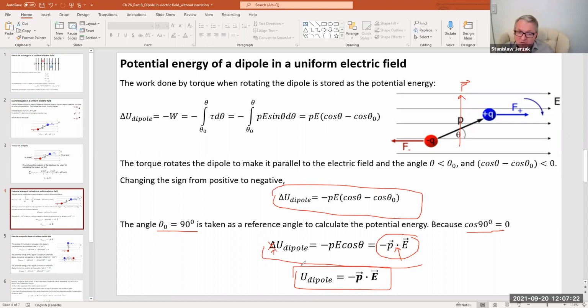So that's why in all books the potential energy of the dipole in an electric field is written as negative P dot E. But remember, this is still a difference of electric potential energy of the dipole, relative to the orientation when it's perpendicular to the electric field.